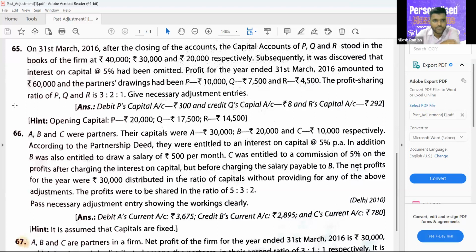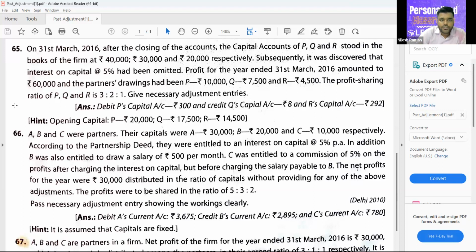So the capital given is closing capital. A hint is also given, but if it is not given in an examination, we don't consider the hint.